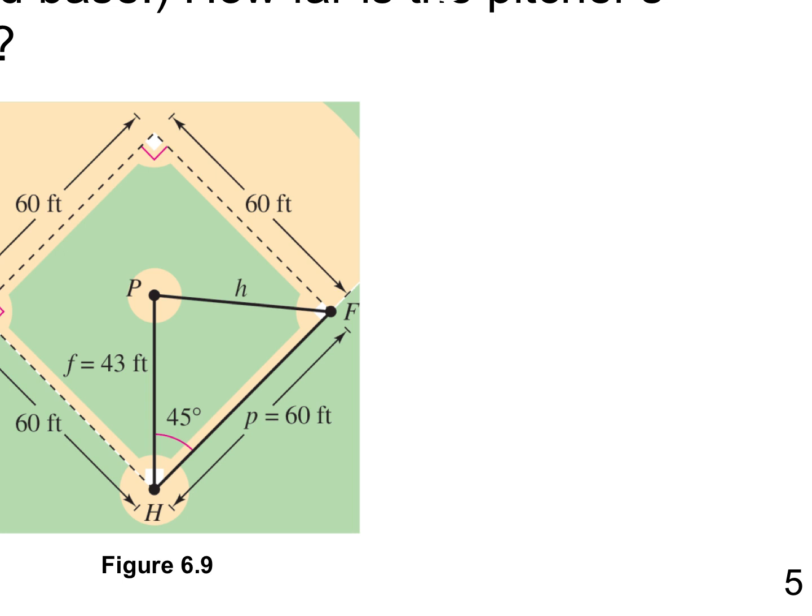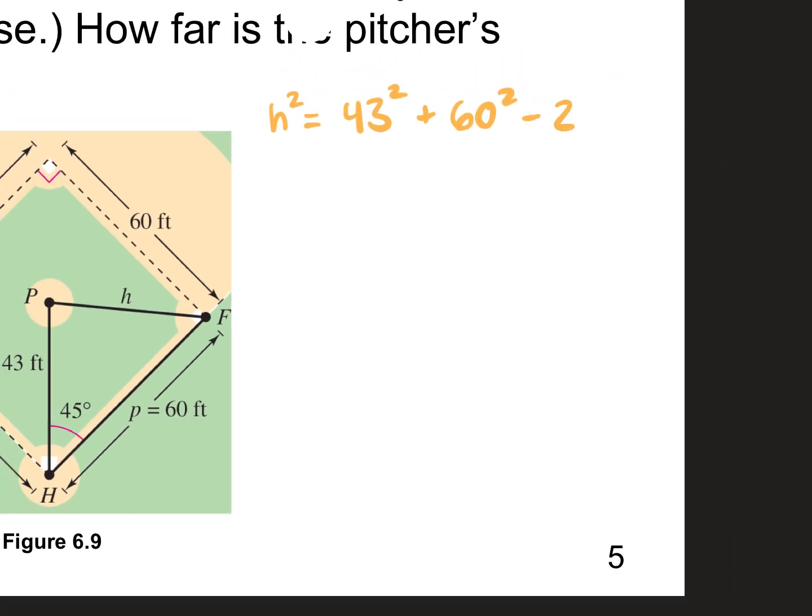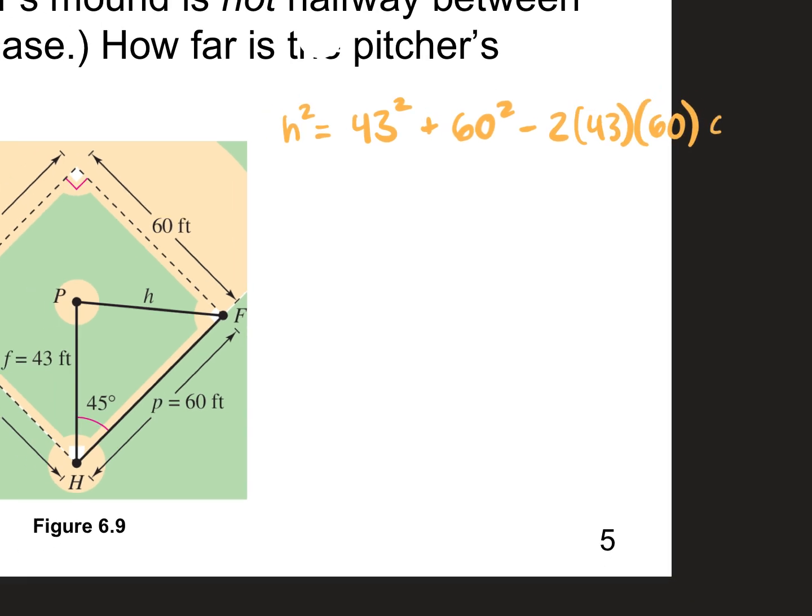So I have H squared is equal to F squared plus P squared, so 43 squared plus 60 squared minus 2 times 43 times 60 times the cosine of 45.